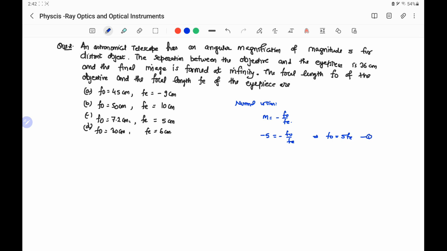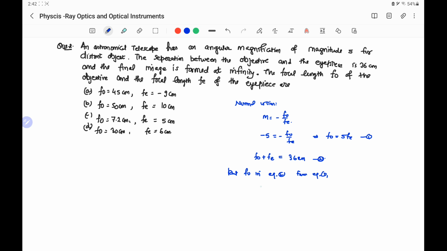Also, it is given that the separation between the objective and the eyepiece is 36 centimeter. In normal vision, this separation is the sum of the focal length of the objective and the focal length of the eyepiece, also called the length of the telescope tube. It will be equal to 36 centimeter. This is our equation number 2. Put the value of f naught in equation 2 from equation 1.